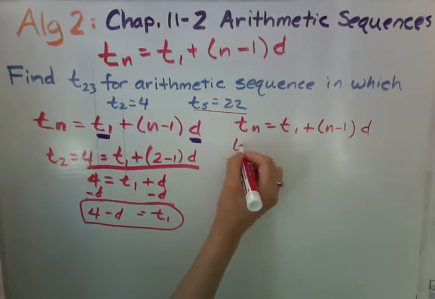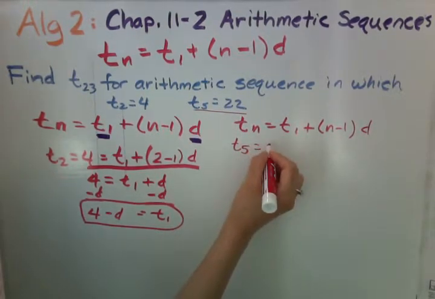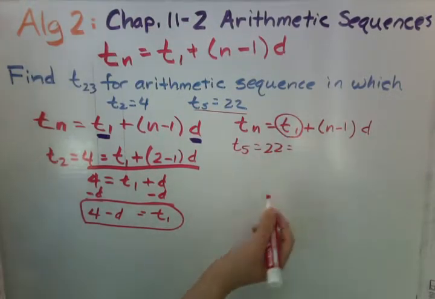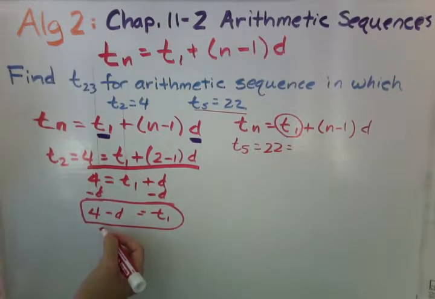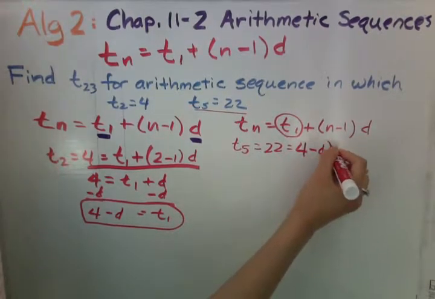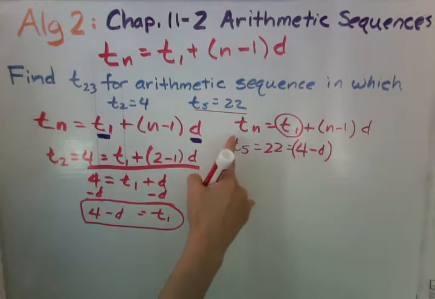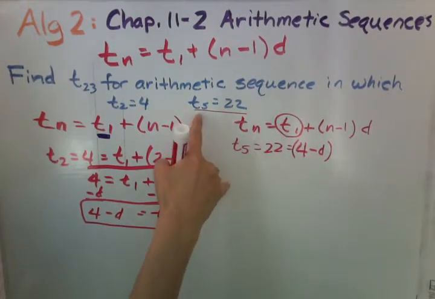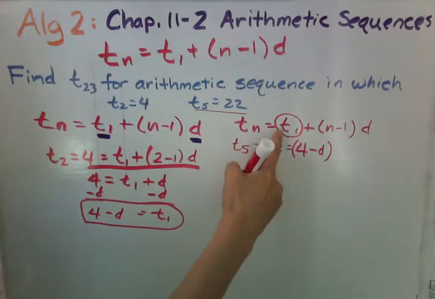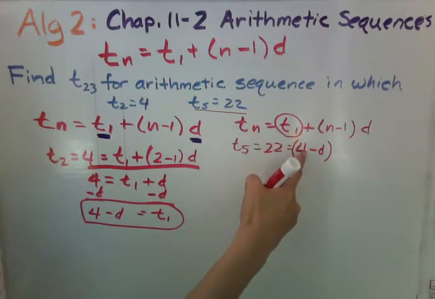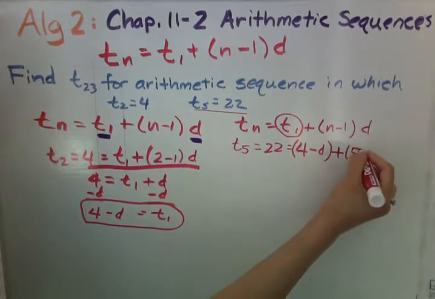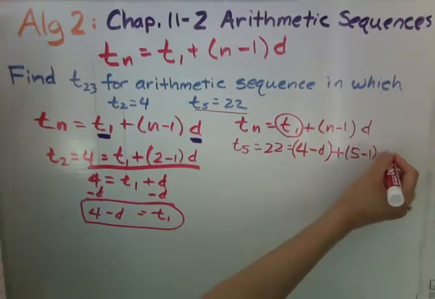We know the fifth term, which is equal to 22, equals T1, and what is T1 now? T1 now is 4 minus D. It's a substitution method. Once again, we know we can use this information, so the fifth term, which is 22, equals the first term plus n, and n was 5, because it was the fifth term, minus 1 times D.